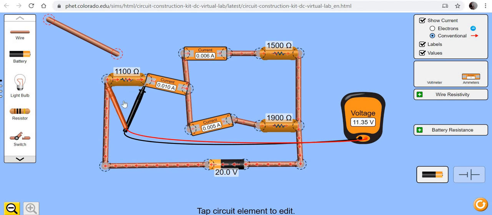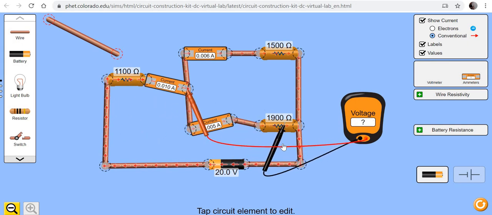So if we measure the voltage drop across this, let's do that. 20 minus 11.35. What is that? That's 8.65, right? So we should get 8.65 if I do this. See? As predicted, 8.65. Now, notice that it doesn't matter where we put it. We can put it here. That's still 8.65, still 8.65, still 8.65.